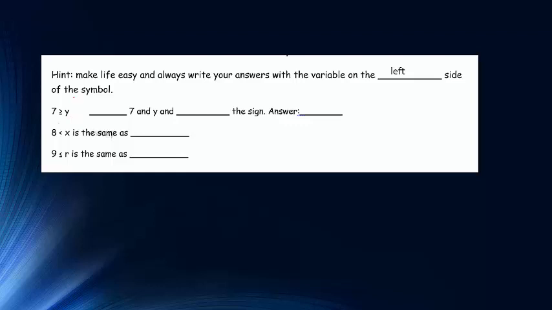So what I like to do is I swap places. So y comes to the left and 7 goes to the right. And I flip my sign around. So that would look like y is less than or equal to 7. And that is what I call the swap flip trick.